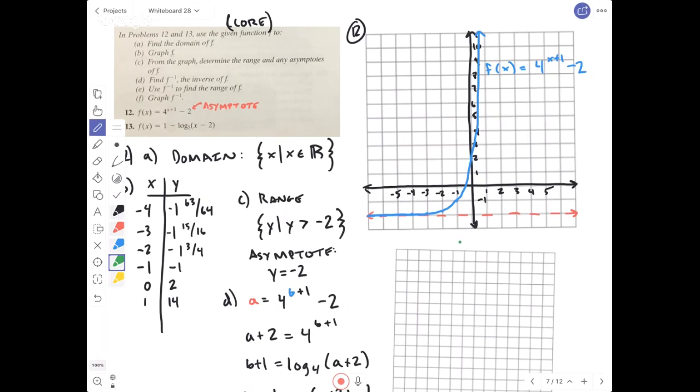And -1 and 15/16 gives me -3, which would be right there. And -1 and 3/4 gives -2, right there. And -1, -1.